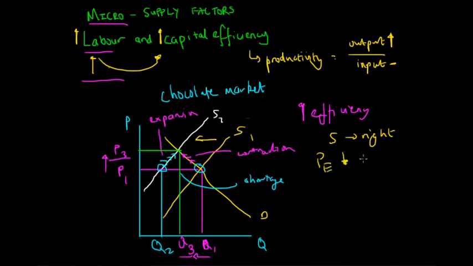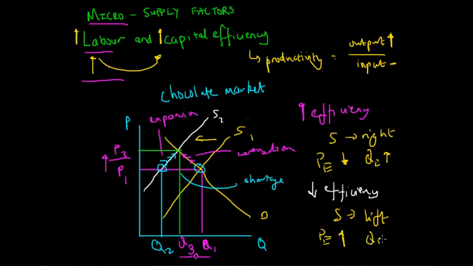If there is a decrease in efficiency, then we can see that the supply curve will shift to the left, and the equilibrium price would increase, and the equilibrium quantity traded would decrease. Okay, so that ends our lecture on micro supply factors and on labour and capital efficiency.